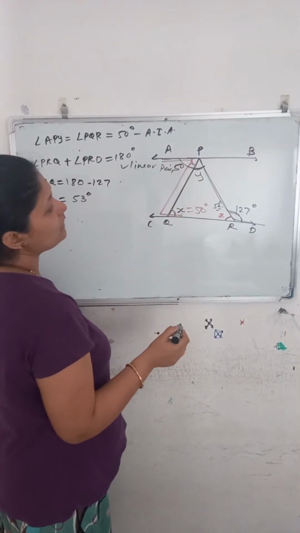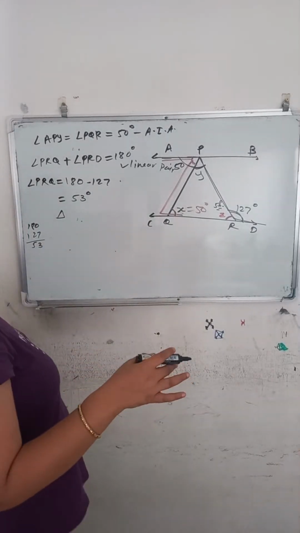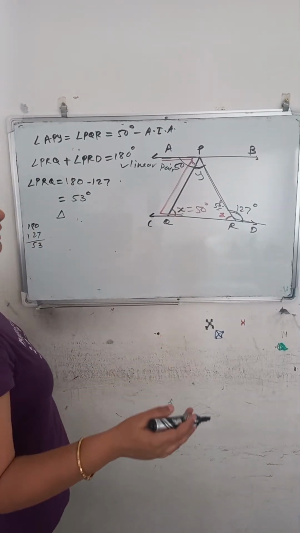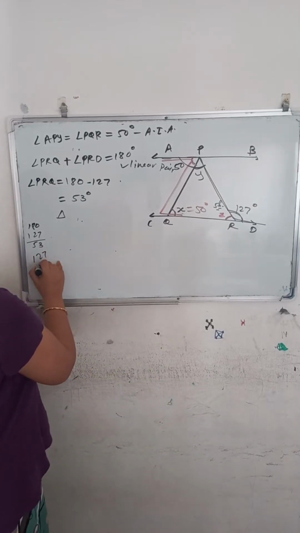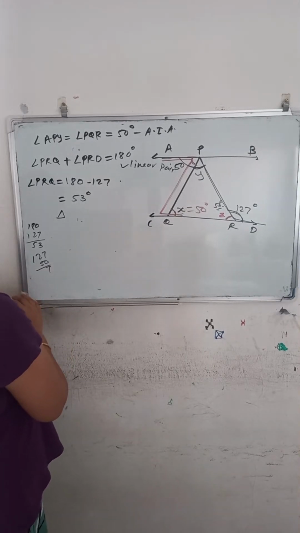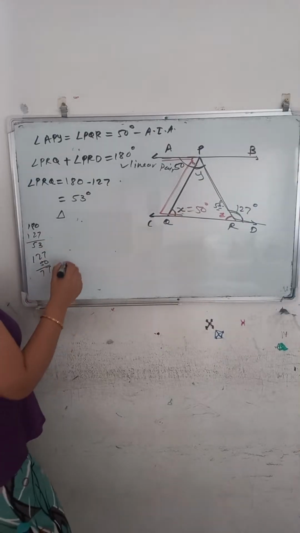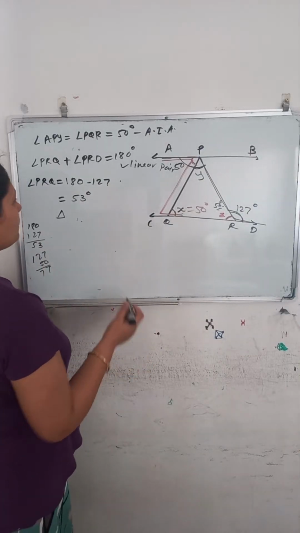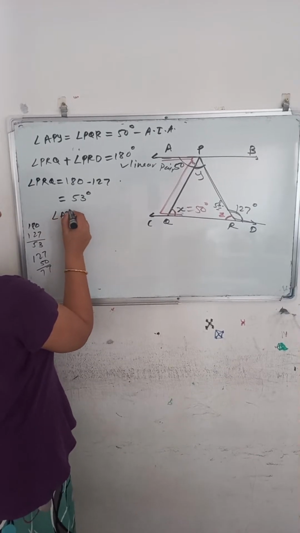I already got this as 50. Then 127 minus 50 is what I am getting. 127 minus 50 is nothing but 77, and 12 minus 5 is nothing but 7. So I am getting that angle as 77.